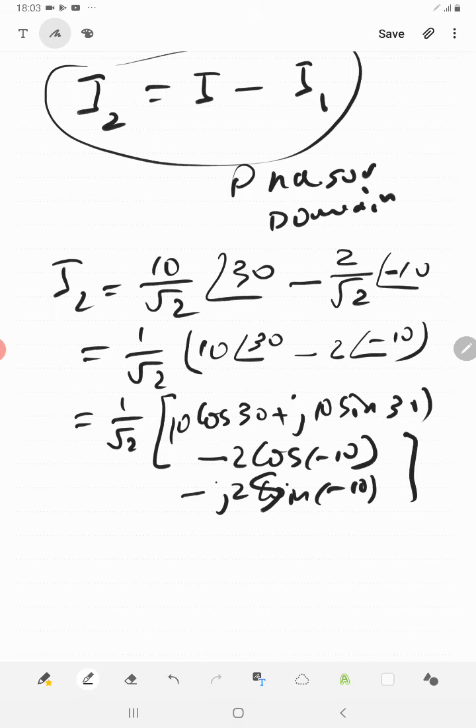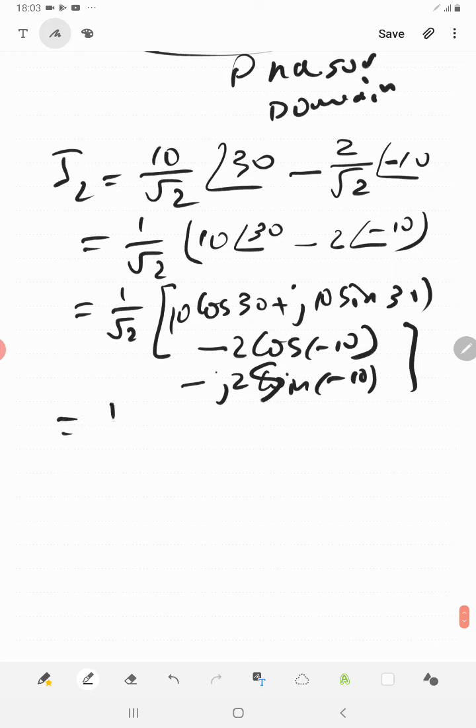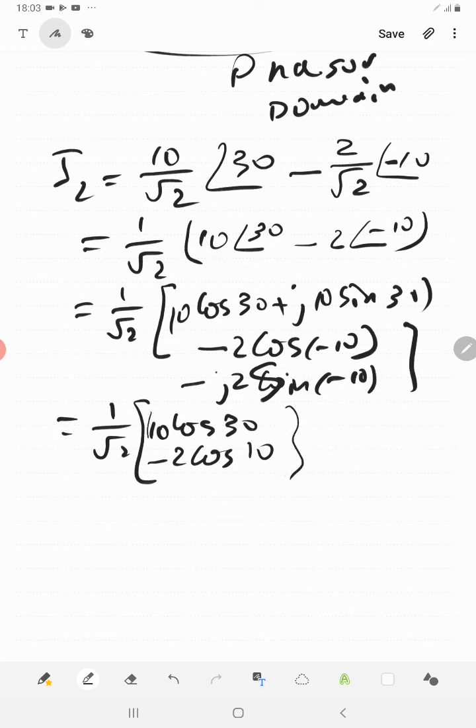So this would be 1 over root 2 times 10 cosine 30 minus 2 cosine 10, since cosine of minus is the same as cosine of plus.